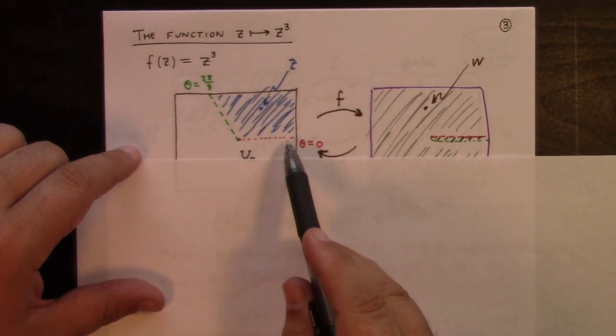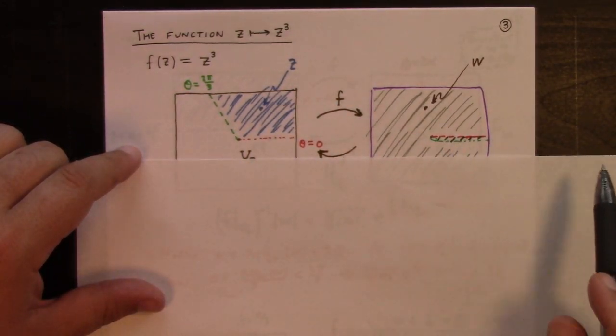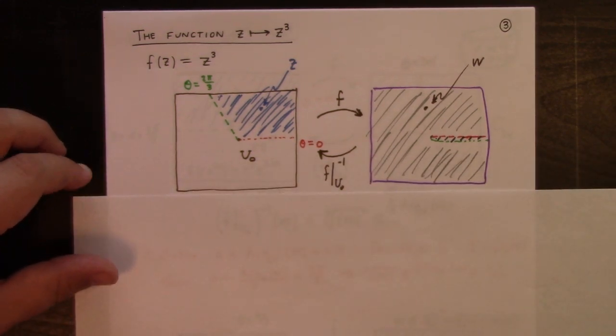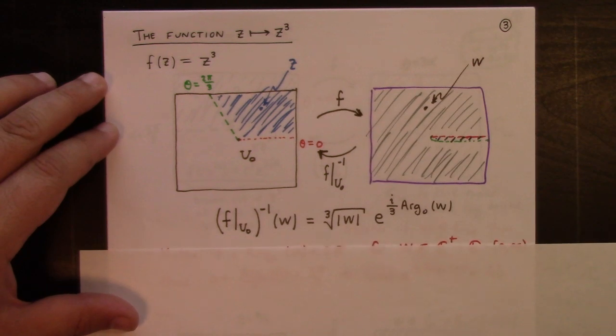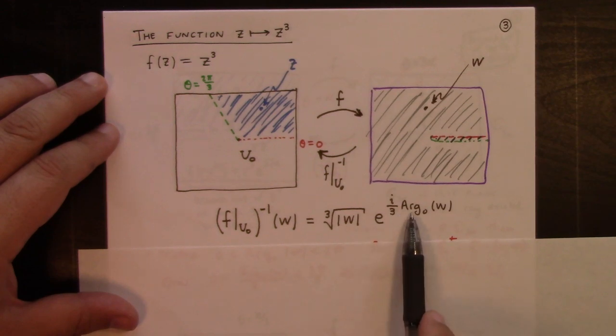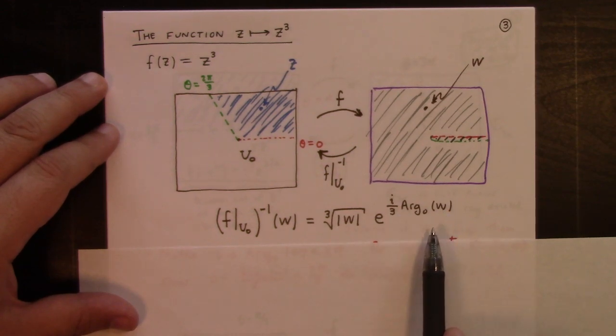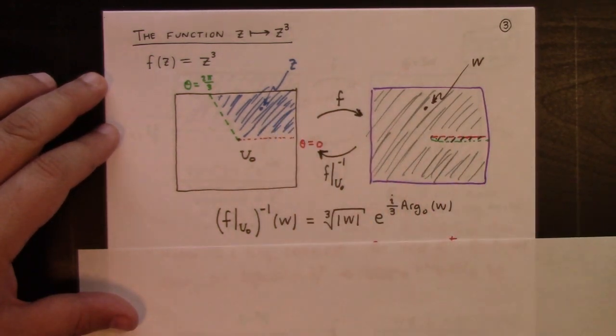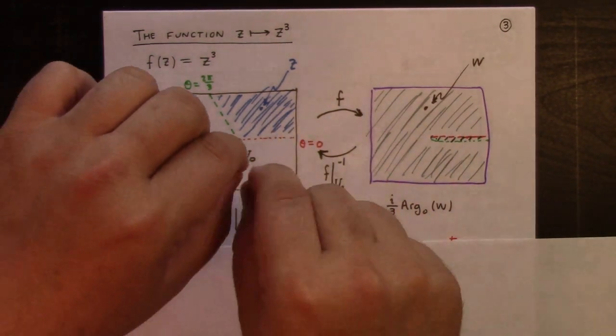And again, we map 0 and 2 pi over 3 to the positive real axis. The inverse function we can construct using the arg sub naught, just like we did before. So the inverse function here would be the cube root of the modulus of w, e to the i over 3 arg naught of w. And so what this function is doing is taking this slit complex plane and mapping it back to that 1/3 of the complex plane, again with the edges missing.